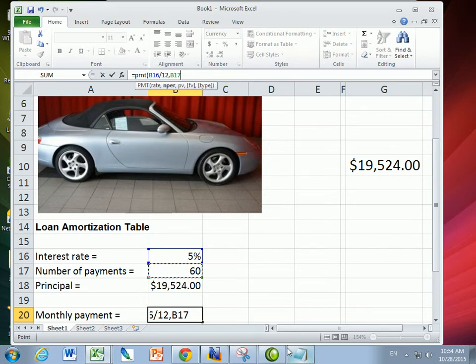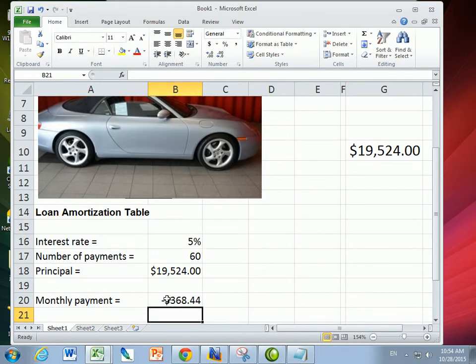And then I put a comma. And then the last thing I need to put in is the principal. How much is the principal? Well, the principal is the amount I borrowed. And what is the amount I borrowed? $19,524. And so this car would cost me, I would have to pay $368 per month to get into this car.